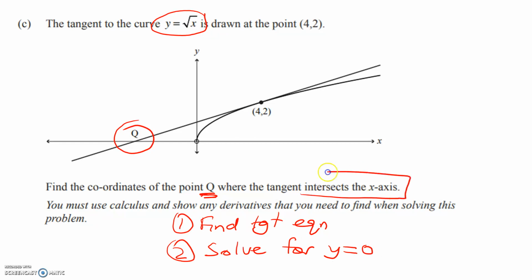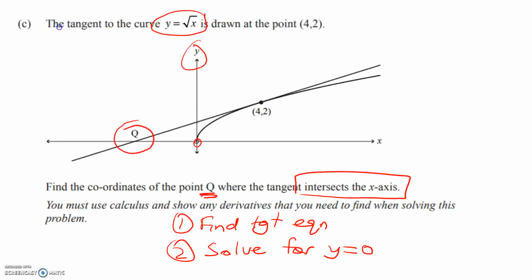Remember, where something intersects the x-axis is where the height is equal to 0. Okay, so I'm going to do that on the next slide, I think. Yep, I am. Just going to change the pen colour because red is annoying me. Right, what have we got?